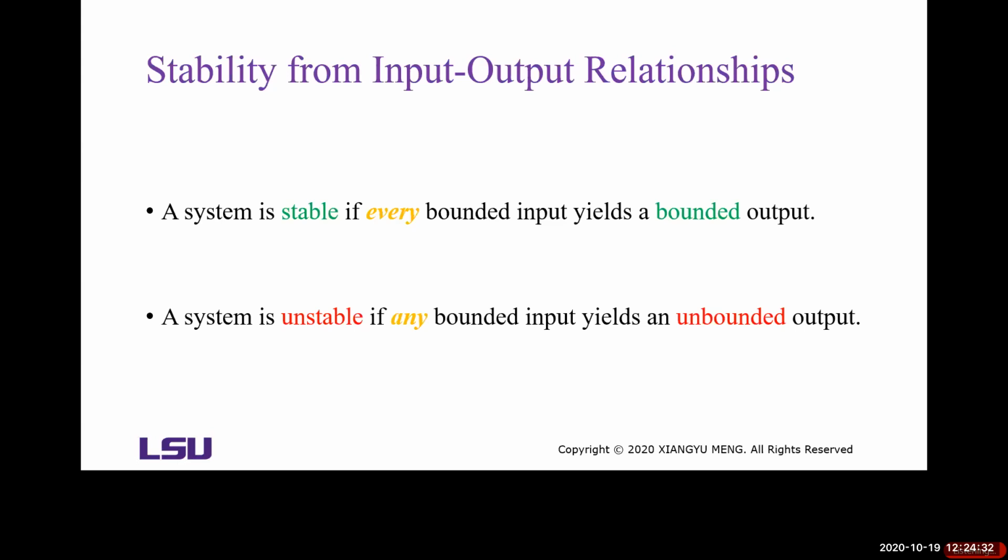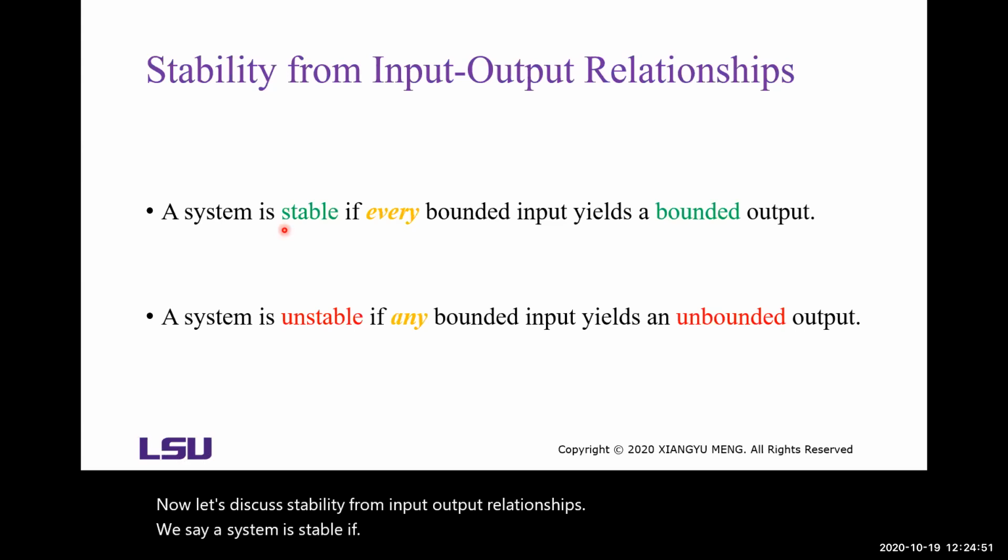Now let's discuss stability from input-output relationships. We say a system is stable if every bounded input yields a bounded output.